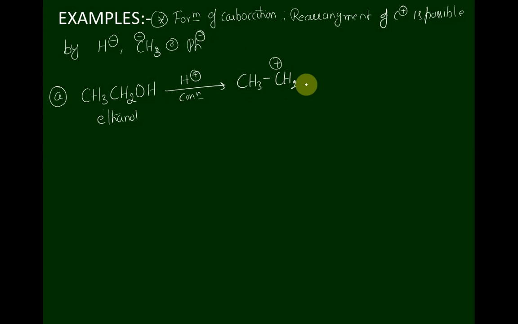Therefore there is no rearrangement for the stability of the carbocation, and it gets converted by beta elimination, minus H+ ion, to form CH2=CH2.